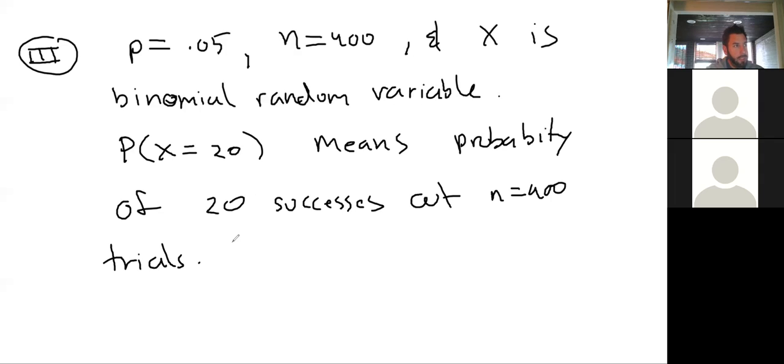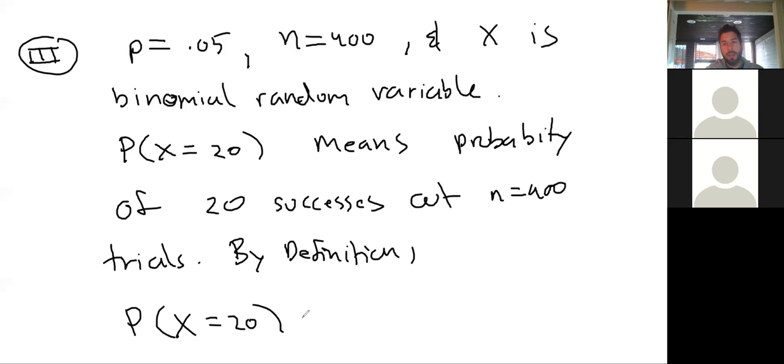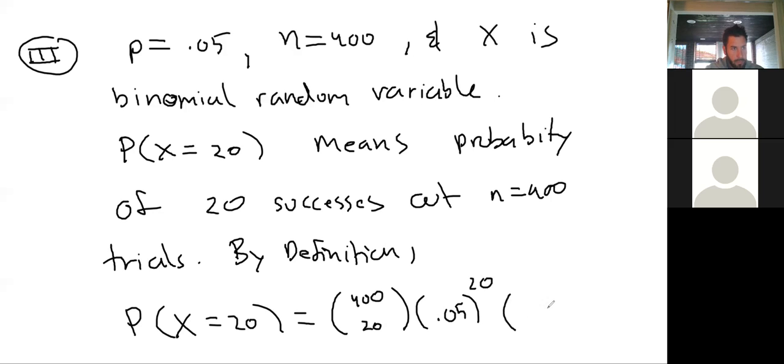So by definition, what does it mean by definition? Well, it had this scary formula. The scary formula, by definition, you took this thing, which was 400 choose 20, and then it was 0.05 to the 20th power, and then it was 0.95 to the, what power would that be?